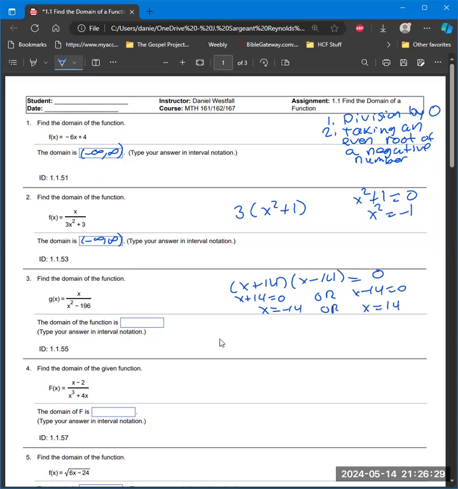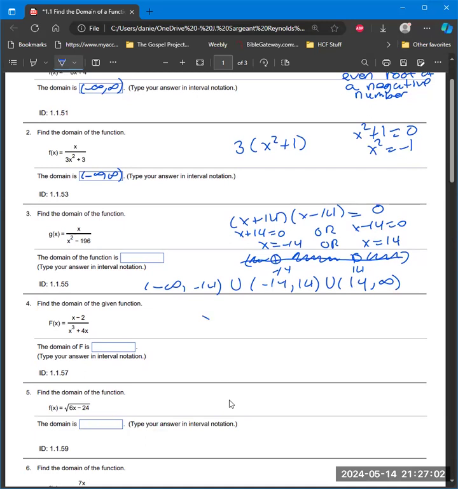Those are my two bad numbers that I'm not allowed to have, so I'm going to remove them from my number line, -14 and 14, and I'm allowed to have everything else. So the domain is negative infinity to -14, union -14 to 14, union 14 to infinity. That's not all going to fit in that little box, but that's what my domain is.